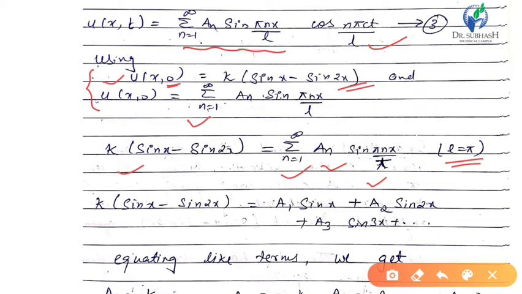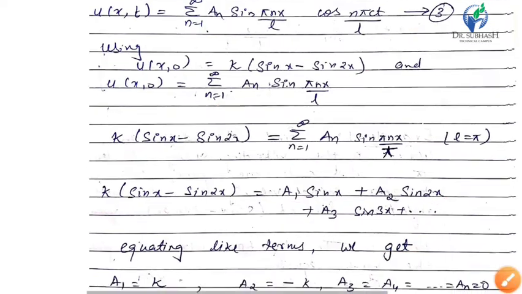Now in the next step, LHS will be as it is, and in the RHS portion, I will start putting the value of n as 1, 2, 3 and so on. So if I take n equal to 1, I get here a1 sin x. For n equal to 2, I get a2 sin 2x. For n equal to 3, I will get a3 sin 3x.